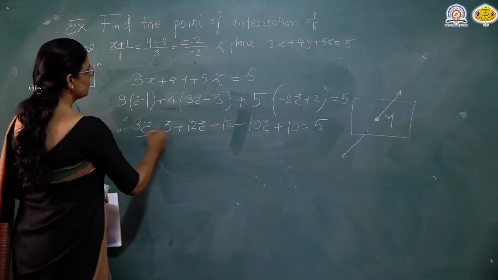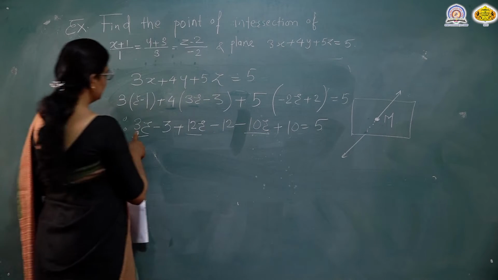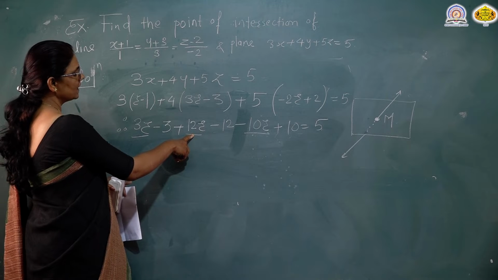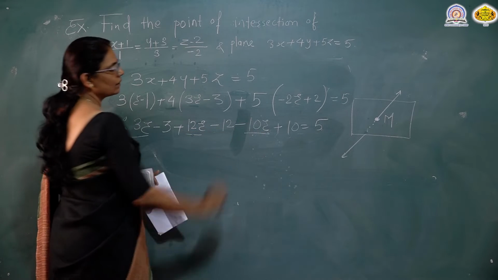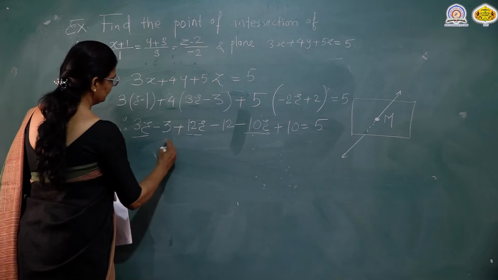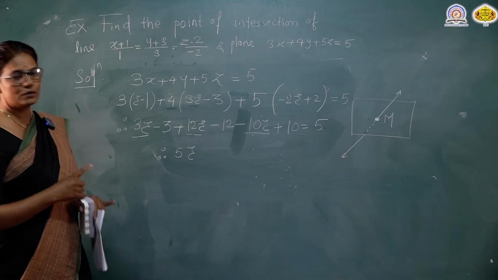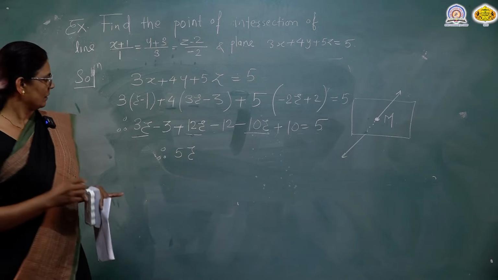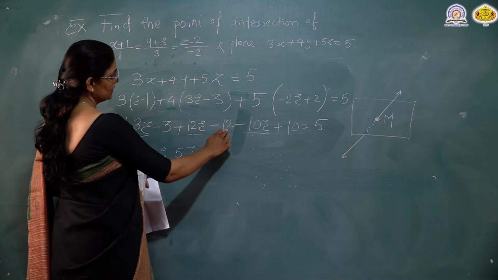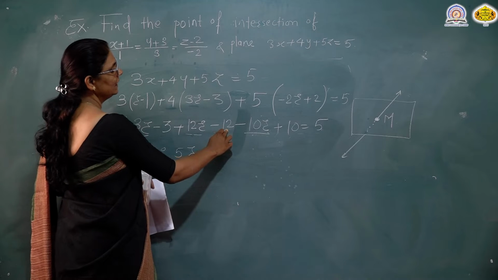So now collect the terms of r here. 3r plus 12r is 15r. 15r minus 10r is 5r. Now collect the constant terms. Here minus 3 minus 12 is minus 15.